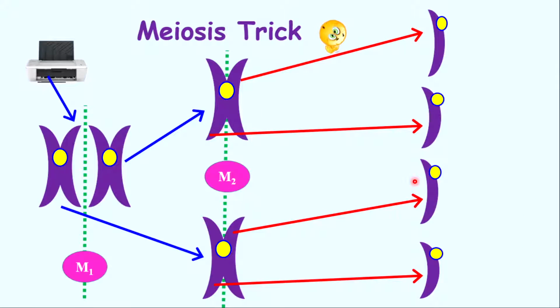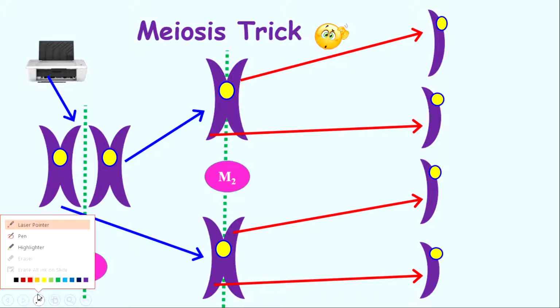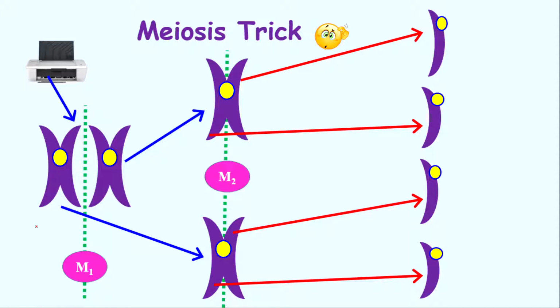Now for meiosis, there's a little trick. Something that I want you to remember is that in meiosis, there are two sets of metaphase, and the metaphase is where things get interesting. Now, the first metaphase, call this one cell. That's one cell. The chromosomes, notice I use the word chromosomes, align side by side or parallel to each other.